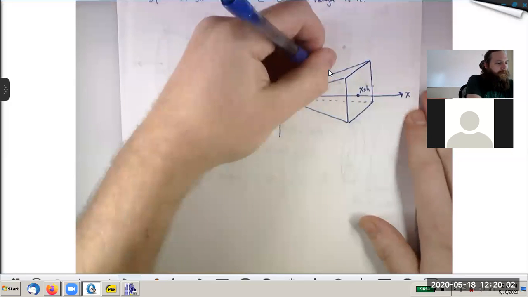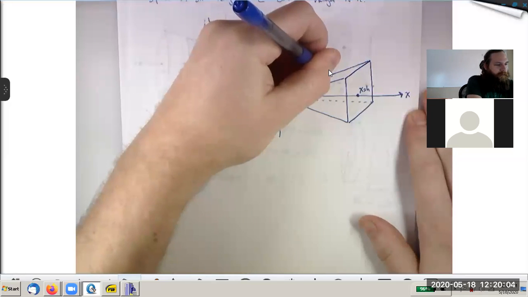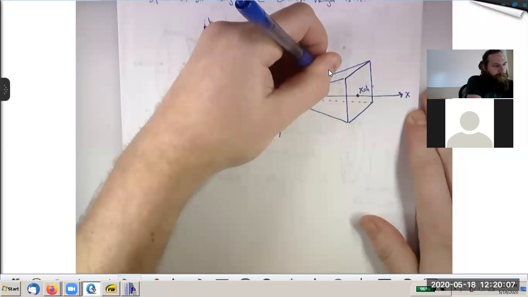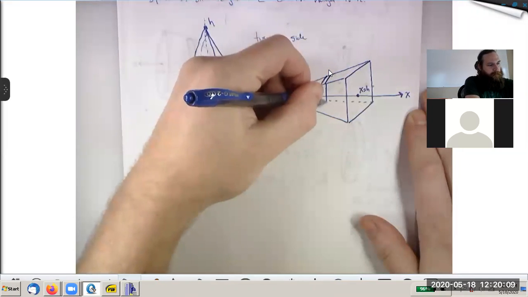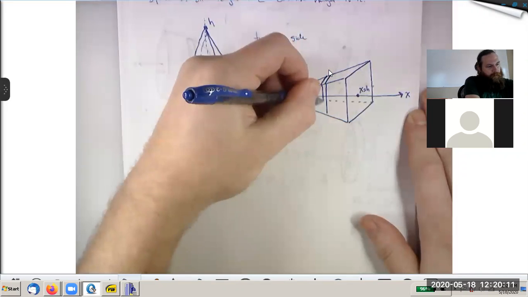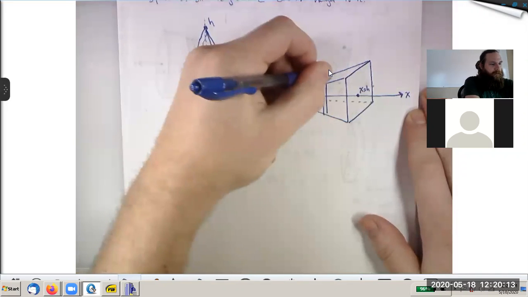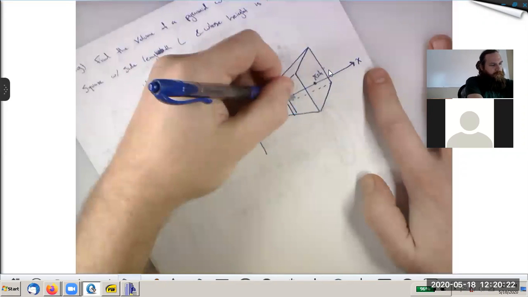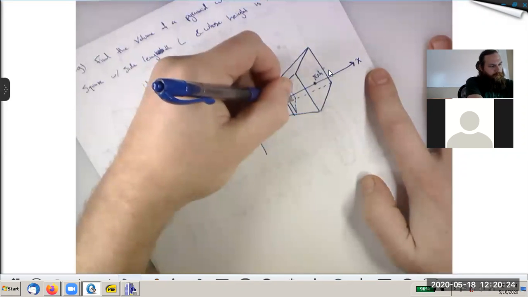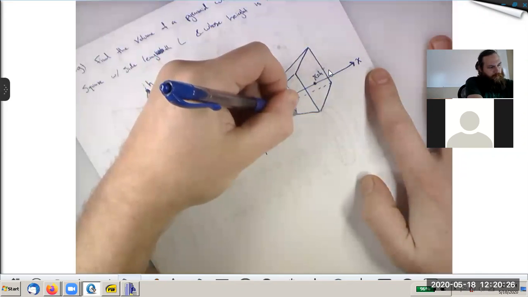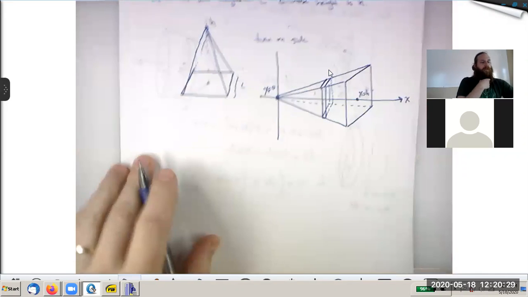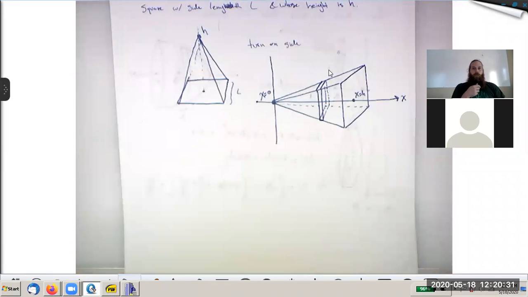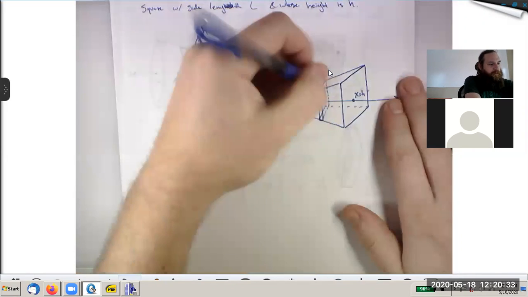If I take a little differential thickness slice, can I find the volume of that slice? So, do my best to draw this for us. So yeah, what is the volume of that little slice?